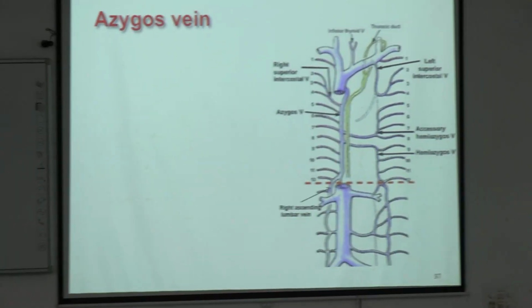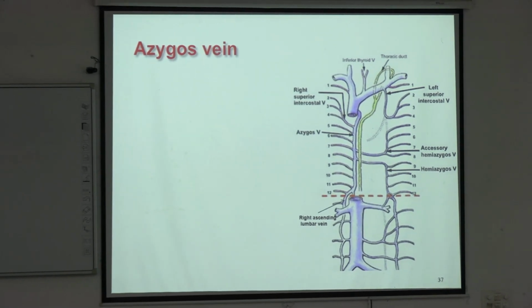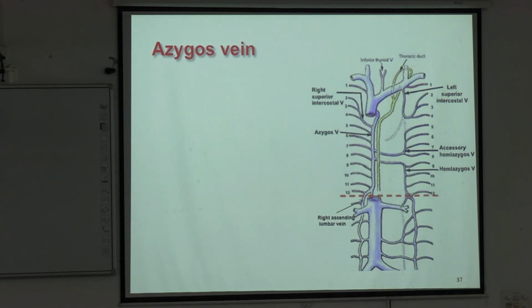Coming to the last, but not the least, the venous channel, again your exam tag. We have to identify this particular vein and it will be tagged in the examination. The azygos vein. The word azygos means it doesn't have a pair or any counterpart. This azygos vein runs on the right side of the body in the posterior mediastinal contents.